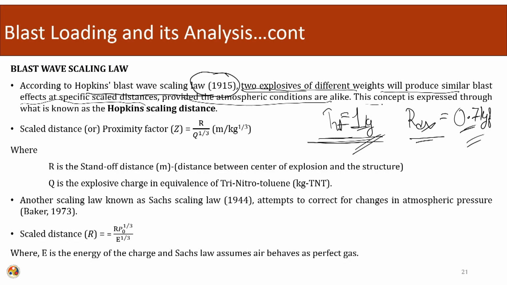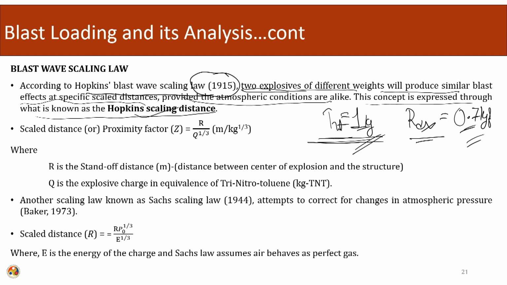This concept is expressed through what is known as the Hopkins scaling distance. What he summarized is that if two explosives produce similar blast effects at certain specified distances, given that the atmospheric conditions are alike, then those two signatures can be related and scaled using the Hopkins scaling distance.